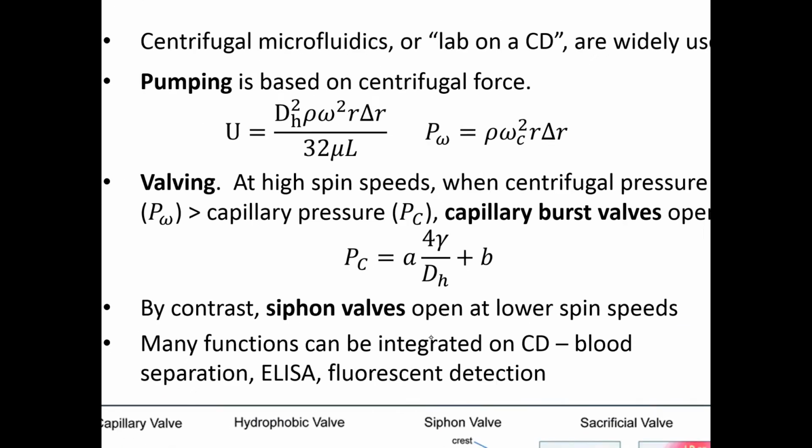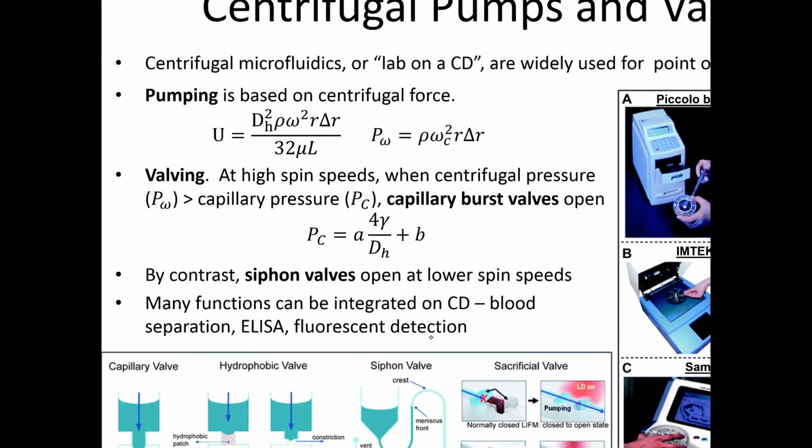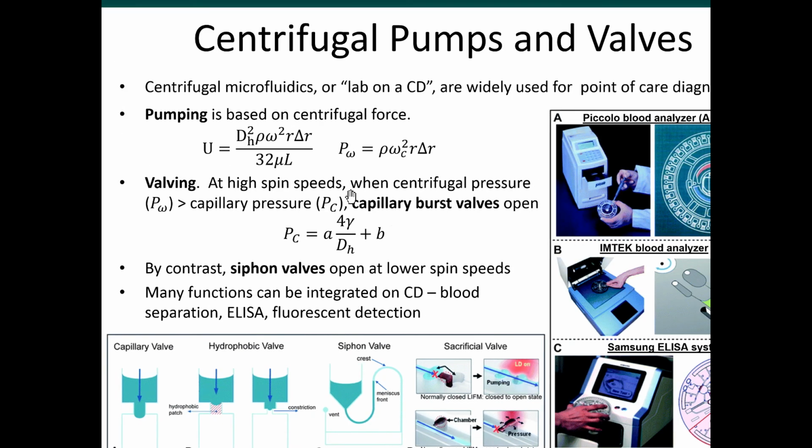In these types of devices, pumping is based on a centrifugal force, and these centrifugal forces are very well understood. It's based on the density of the liquid that you're working with. Remember, the more density you have, the more centrifugal force you're going to end up having. Keep in mind, centrifugal force is based on inertia, so this is one of those things that doesn't necessarily scale very well to the microscale.